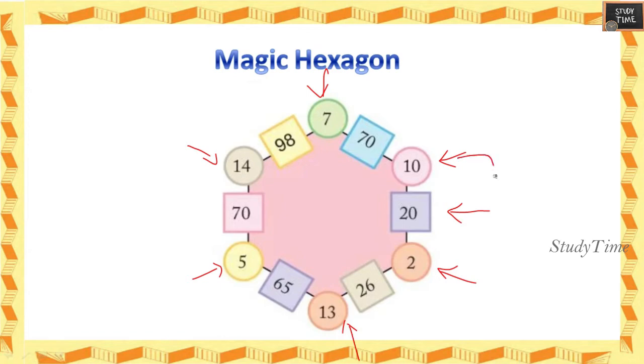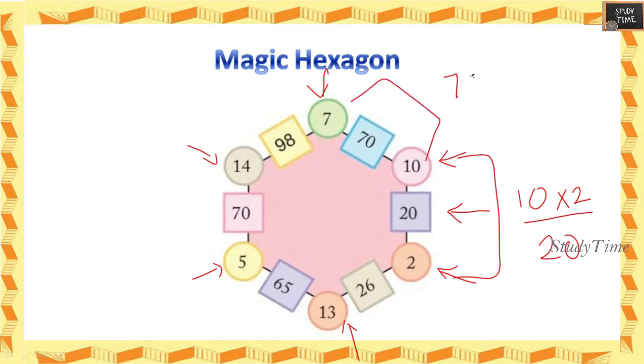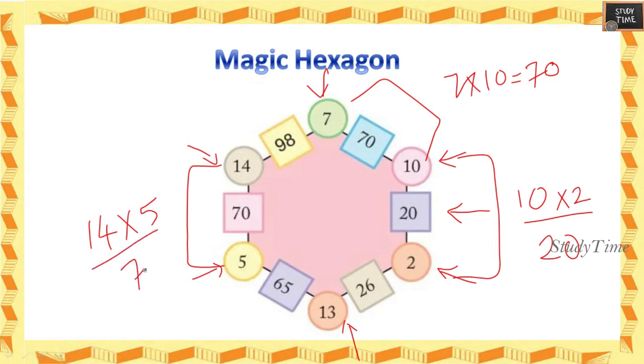You have to multiply the numbers which are in the circles. 10 into 2 is equal to 20. In the same way, when you multiply this, 7 into 10 will give you 70. Next, when you multiply this and this, 14 into 5 gives 70. That is written in this box.